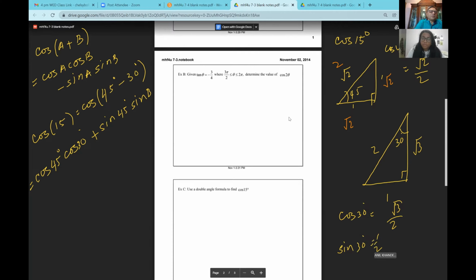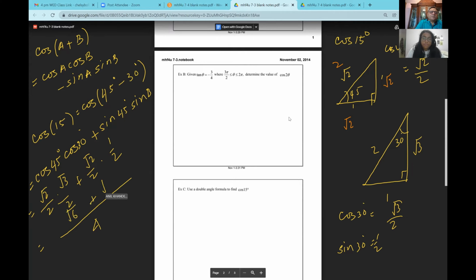Substitute these values. So we get square root 2 over 2 times cos of 30 degrees, which is square root 3 over 2, plus sine of 45 degrees, which is square root 2 over 2, times sine of 30 degrees, which is half. Add them. So we have 1 over 4 common, and square root 6 plus square root 2.